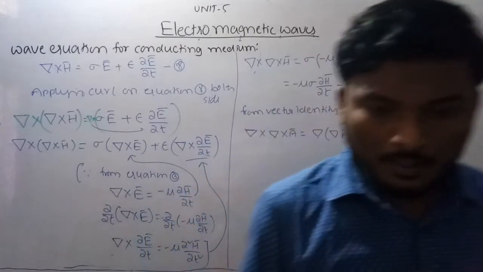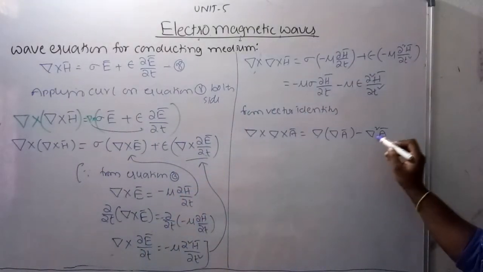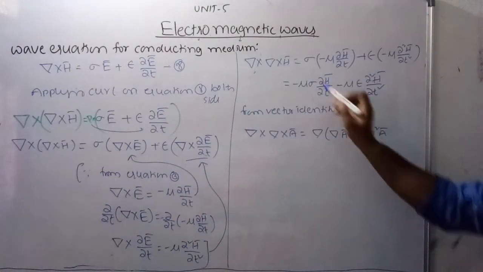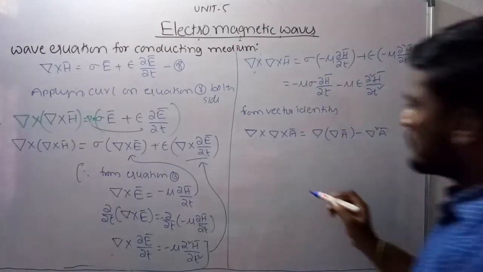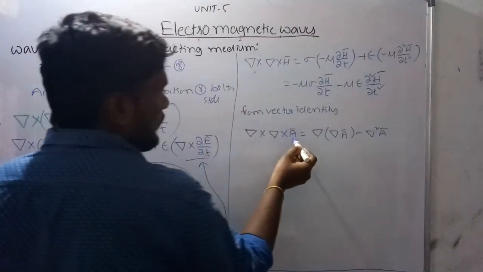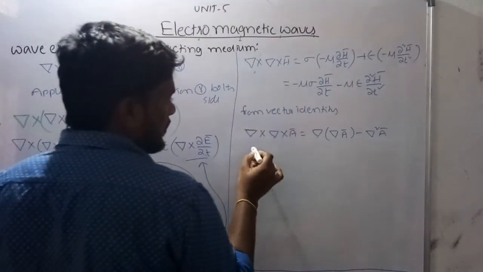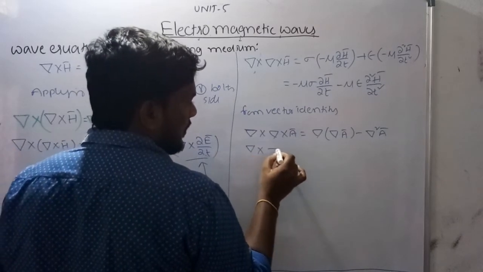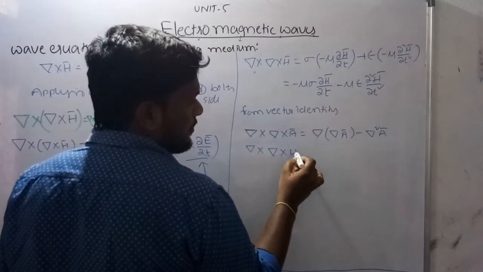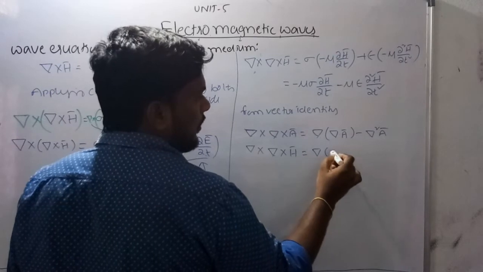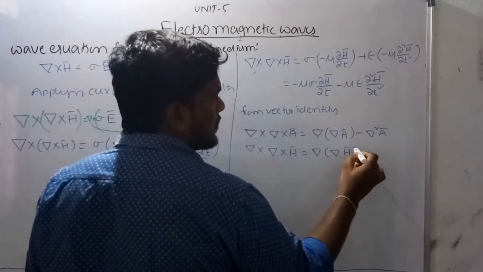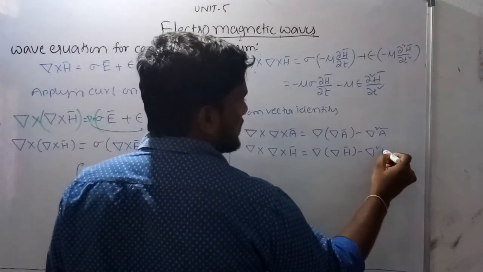This is the vector identity. If you apply the vector identity on this operation, in place of A bar you just write H bar, so that you will get del cross H bar equals del dot H bar minus del square H bar.